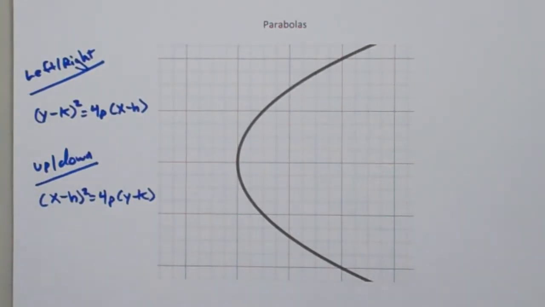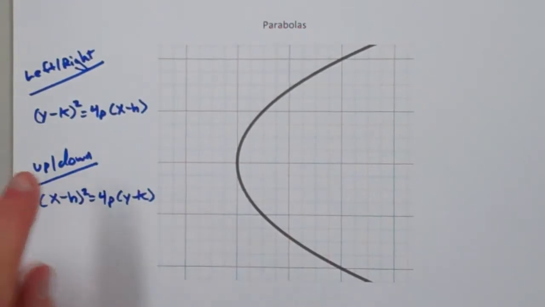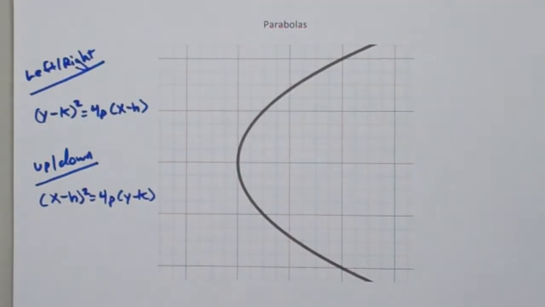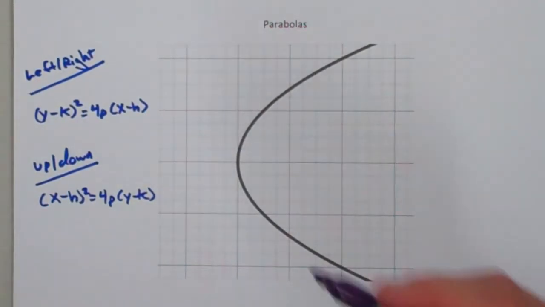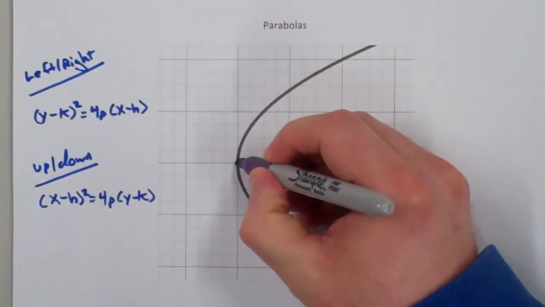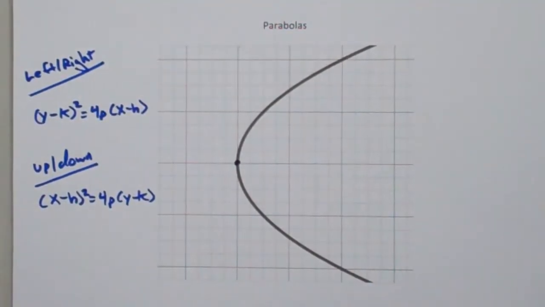So a parabola. I've got some equations written on the left here, but let's talk about the graph right in the middle of the screen. A parabola is going to have a vertex. Not really a center, not two vertices or four. It's kind of the same thing. If you want to think of the vertex of a parabola as being like the center of a hyperbola, an ellipse, or even a circle, that's probably fine.